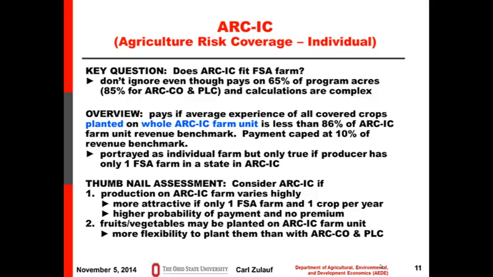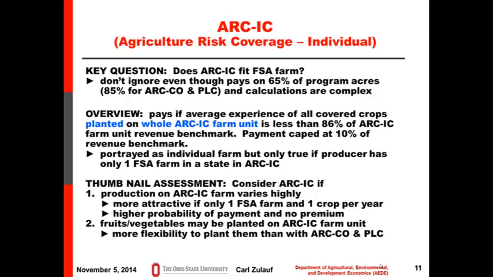So, in the case of ARC-CO and PLC, you receive payment on 85% of your base acres, but you don't receive a payment on 15% of your program or base acres. You can plant fruits and vegetables on that 15% of your acres and not lose any program payments. ARC-IC only pays on 65% of your program acres, so I can plant up to 35% of my base acres on that ARC-IC farm to fruits and vegetables and not lose any payments.